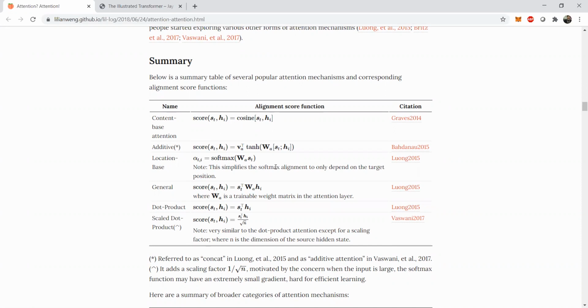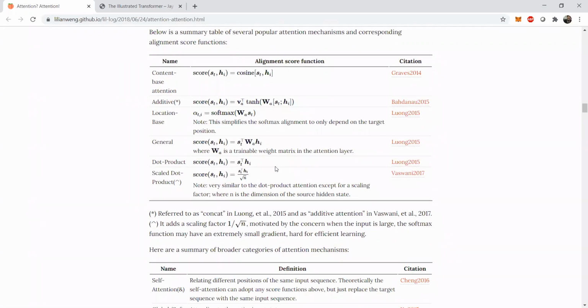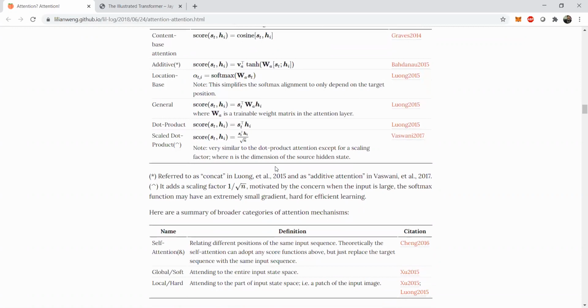So in general, there is also another standard form of attention mechanism, another variant of a multiplicative style, which is just the dot product without applying any nonlinear activation in the output. Okay. Then we have the dot product attention, which is another variant of Luong attention. So Luong basically has three different kinds of attention mechanisms, but all of them are centered around dot product attention or multiplicative style attention mechanisms.